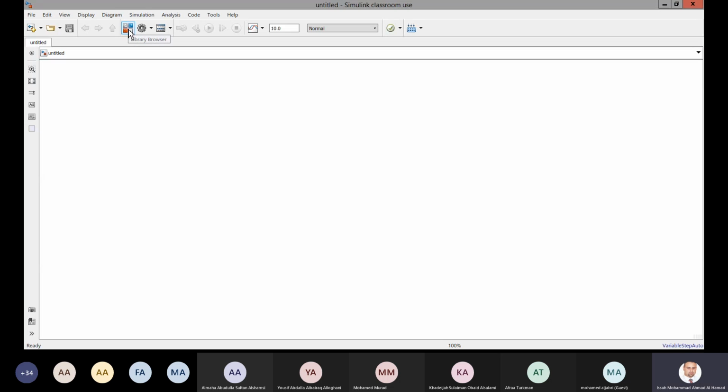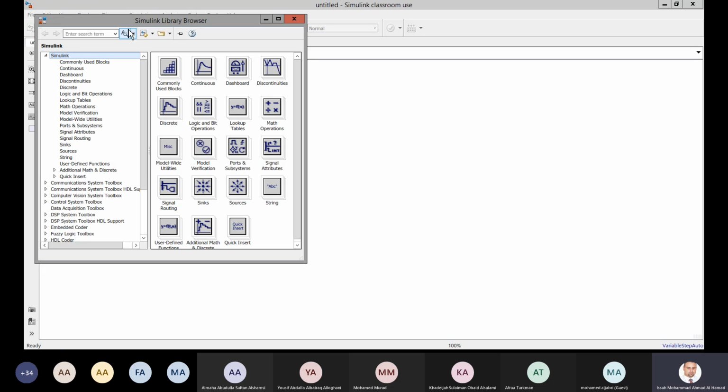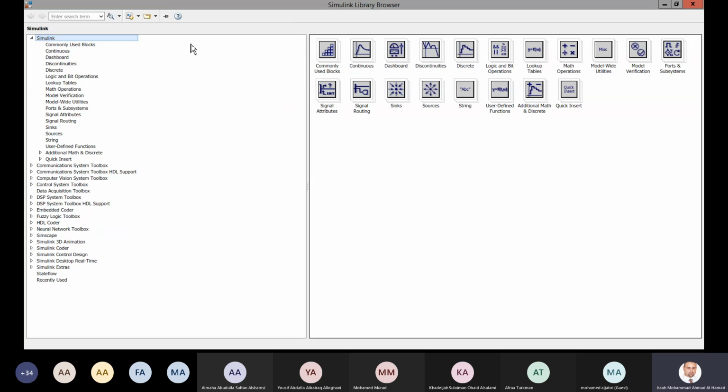Now let's have an idea about the blocks. If you press here on the library browser, you will see some blocks. These are the most commonly used blocks, and these are all the blocks included in your version of MATLAB. So let me maximize this and let me go by the blocks step by step.